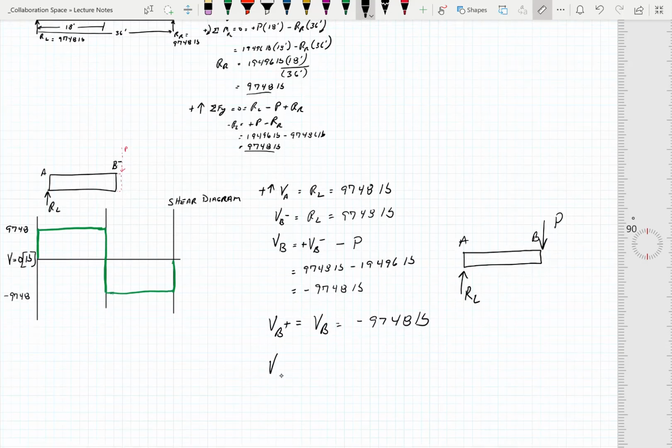And then V of C, so this is point C, that's B, and that's A. Point C is going to be V of B plus the RR. Okay? So V of B was 9,748 pounds negative, plus the reaction at R was 9,748 pounds, and they come out to be 0 pounds.